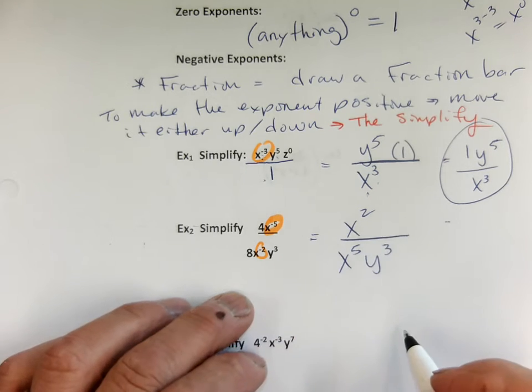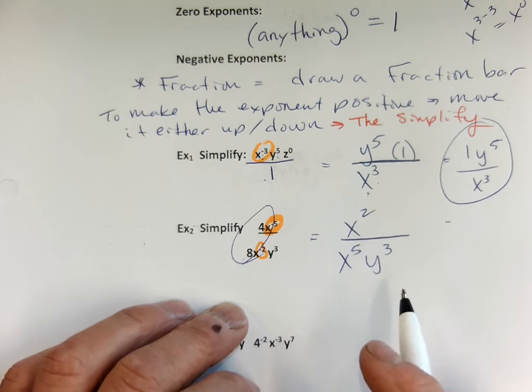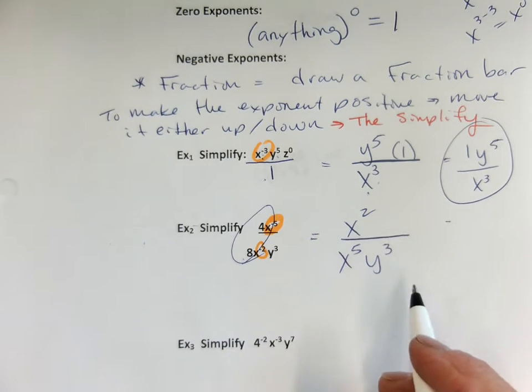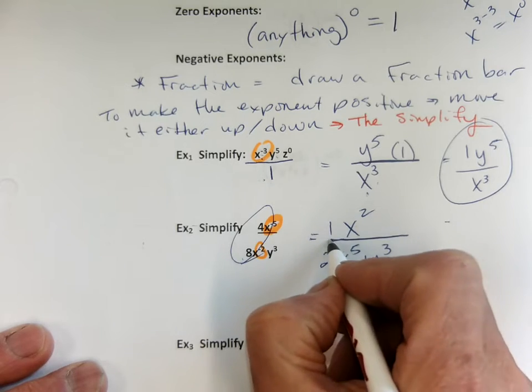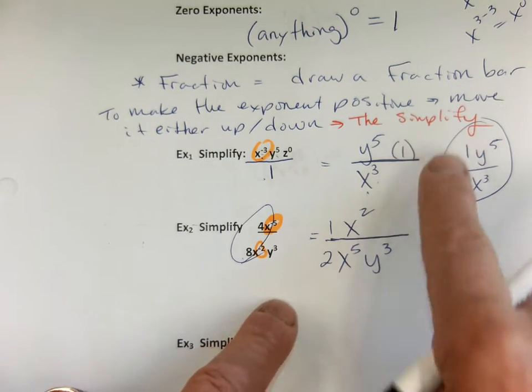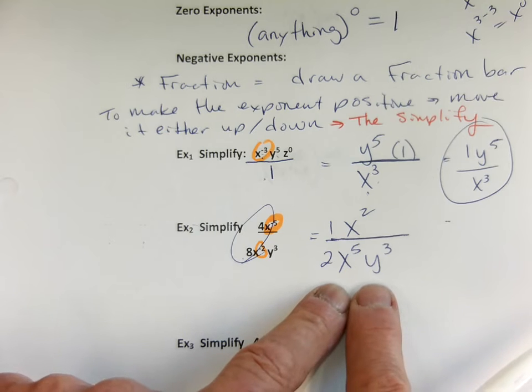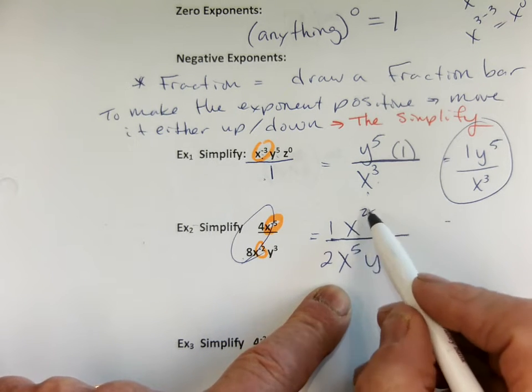Okay, now, 4/8. This is just 4/8, which reduces to 1/2. Do you see the 1/2? I have a fraction bar, so 1/2, right? The 1's on the numerator, the 2's in the denominator. Okay, now, can I simplify a little bit more? Sure. Can't I? 2 of these x's should cancel with 2 of these x's, correct?